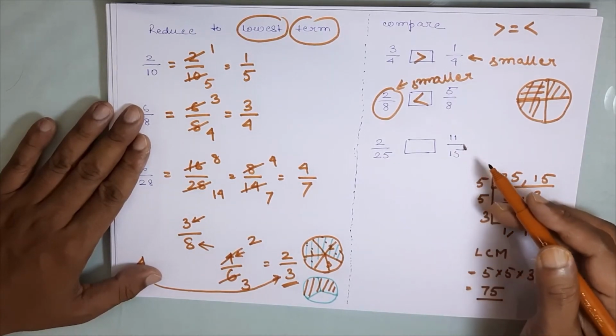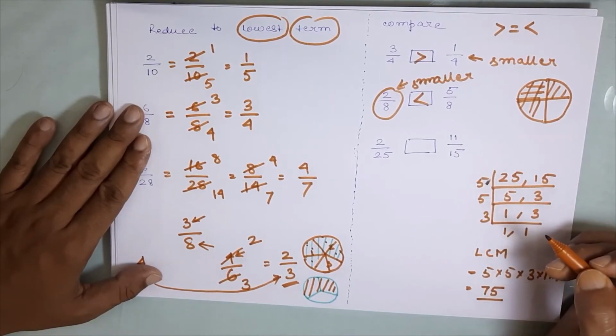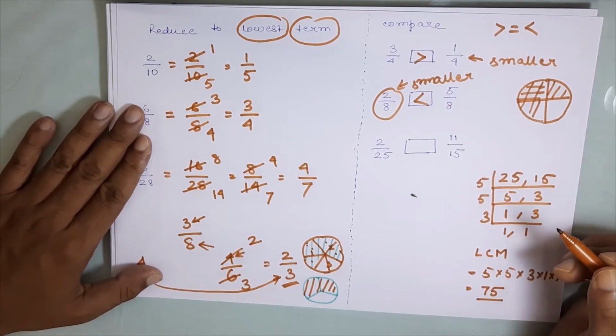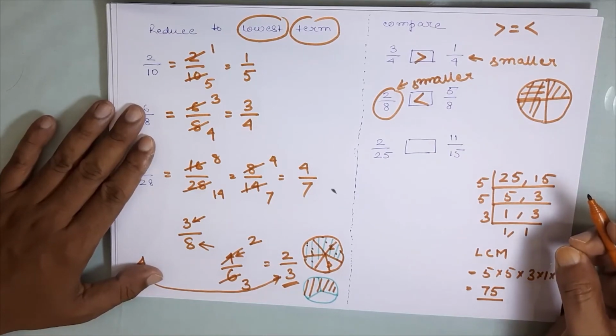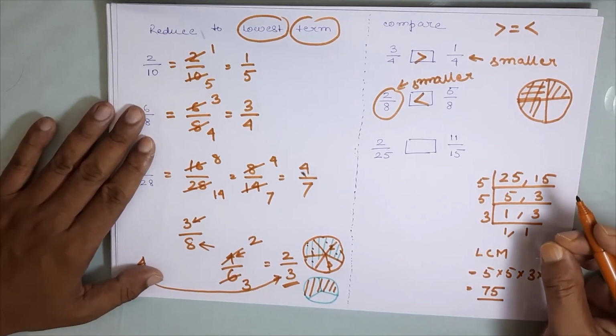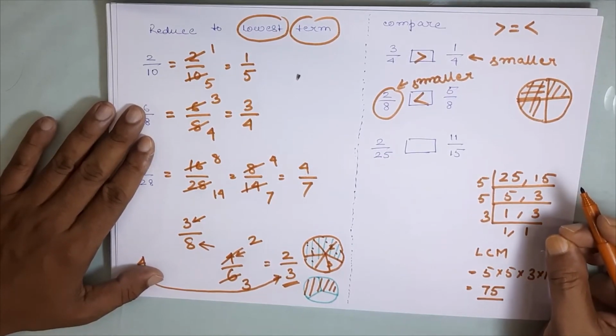Your answer will be, can you give me the answer please? Yeah, 15 1s are 15, 15 2s are 30, 15 3s are 45, 15 4s are 60, and 15 5s are 75.